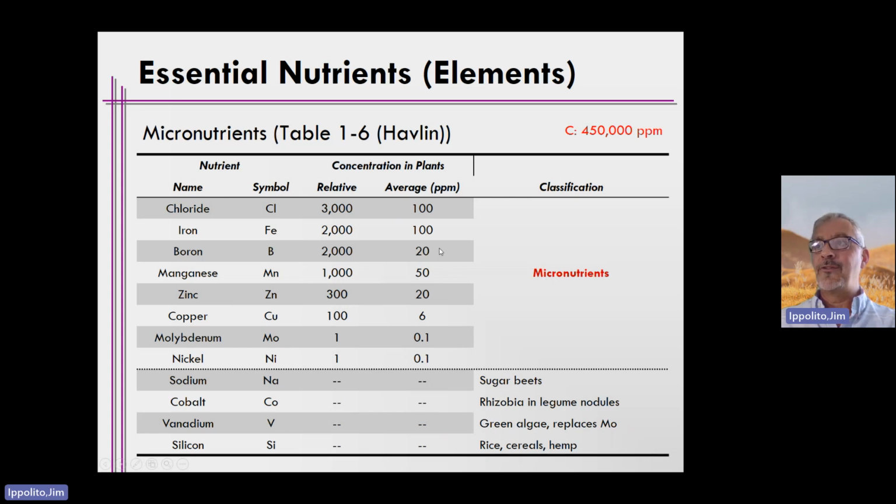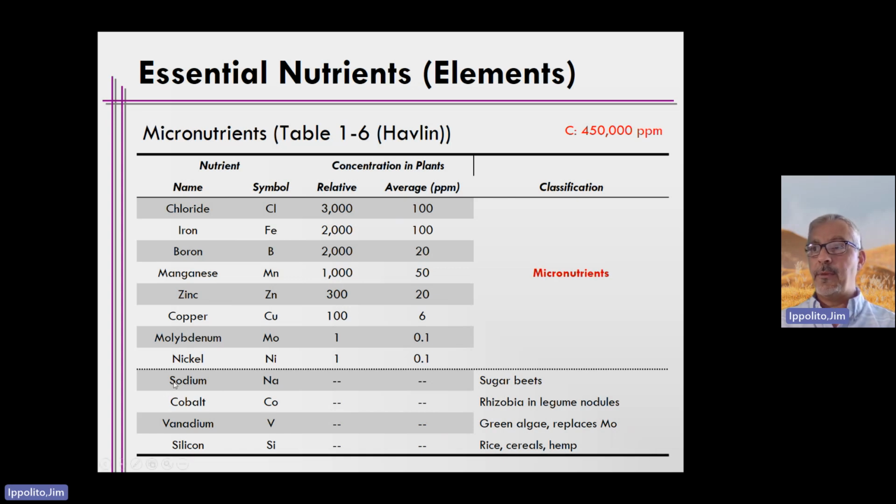And so the micronutrients that are necessary for plant growth are chloride, iron, boron, manganese, zinc, copper, molybdenum, and nickel. These have been shown to be necessary for all plants. There's 4 others that play roles in other types of plants or in agroecosystems or ecosystems.